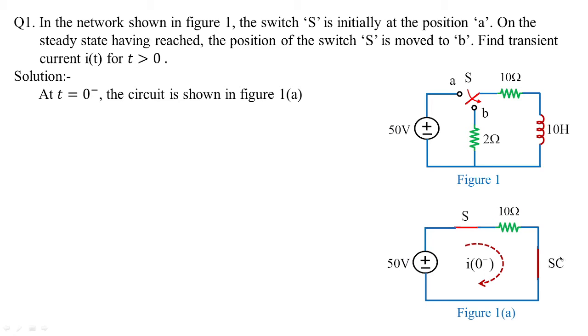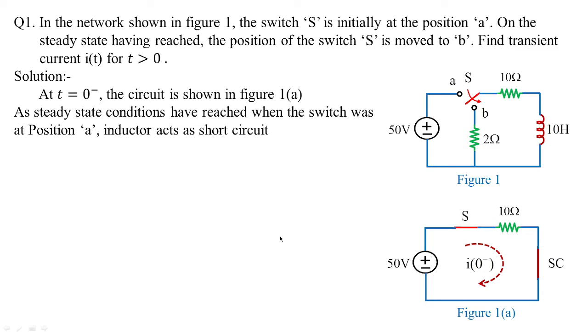Inductor under steady state behaves as a short circuit, and the current which is flowing through the 10 ohms and 10 henries is treated as i(0 minus), which can be obtained as i(0) equal to 50 by 10. Why? Because 50 volts is connected to 10 ohms, the circuit is closed and the steady state conditions have been reached.